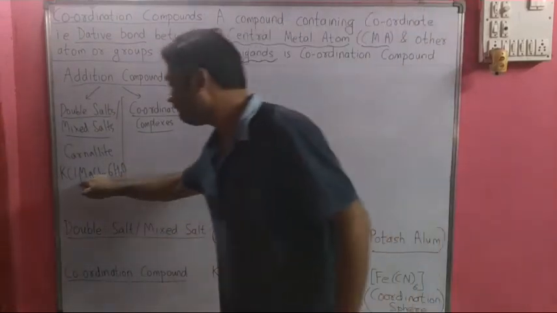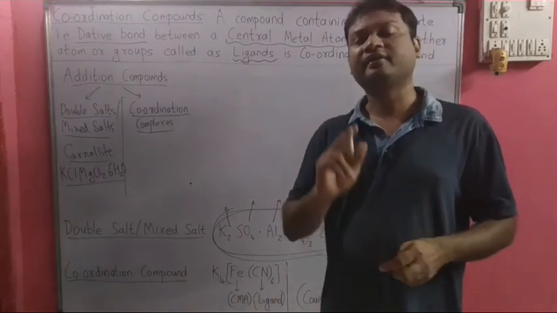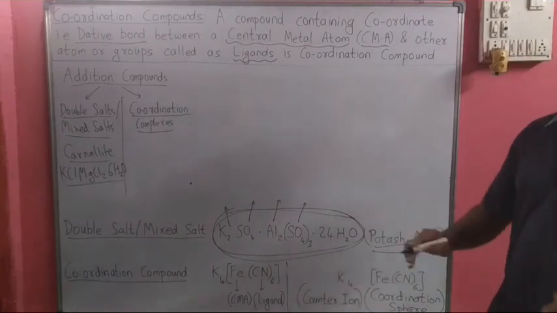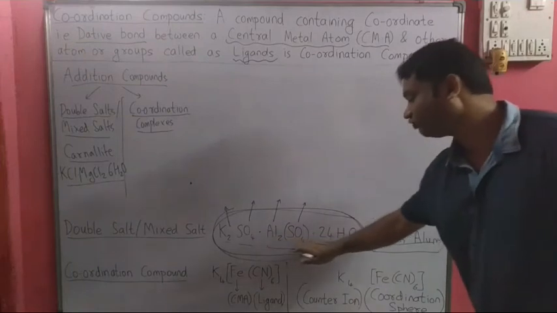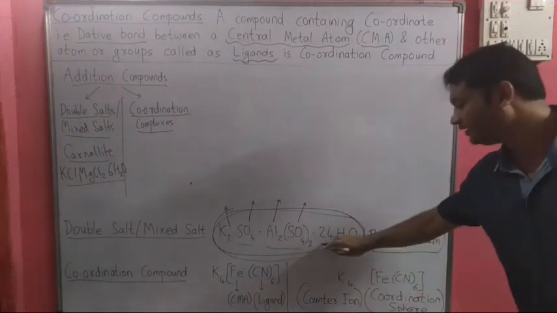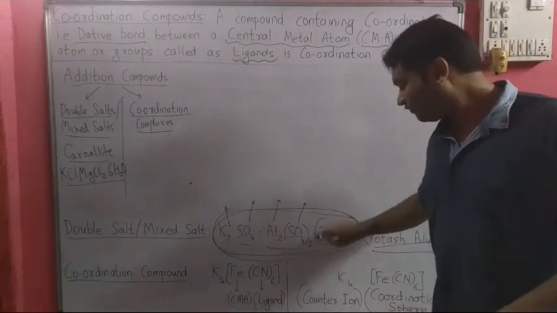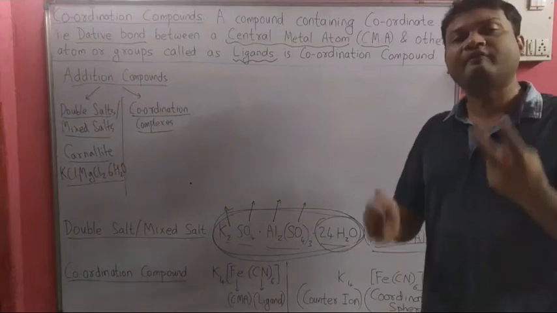Another example is potash alum, which is K2SO4·Al2(SO4)3·24H2O. The role of water of crystallization is to crystallize that substance.